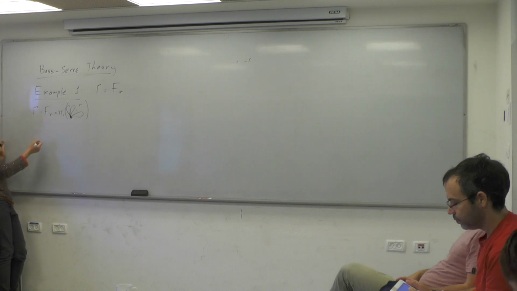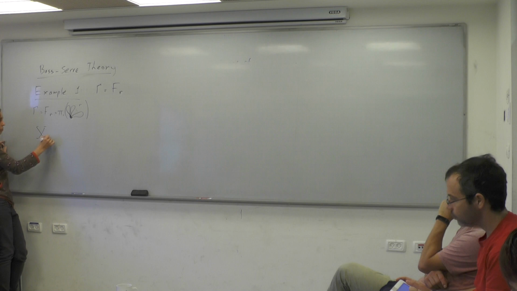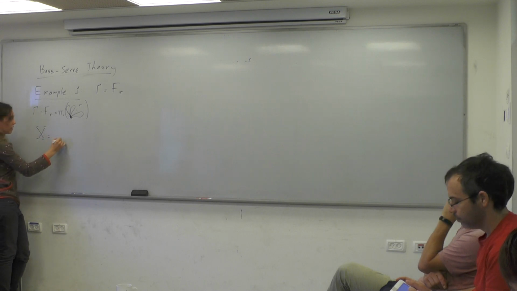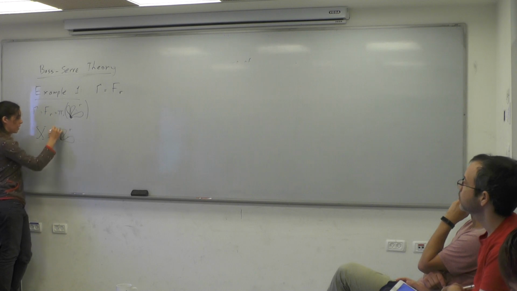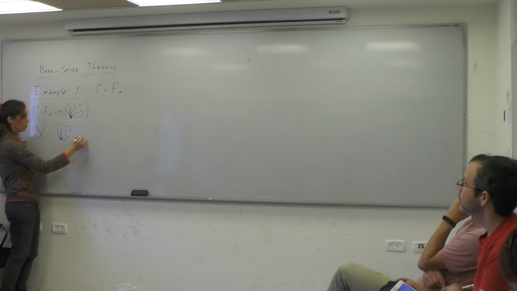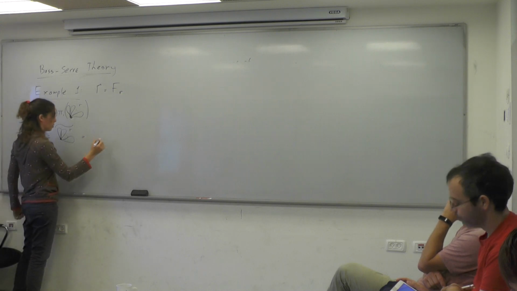And then what does the universal cover look like? The universal cover of this pair is a tree, right? Which will be 2R regular.